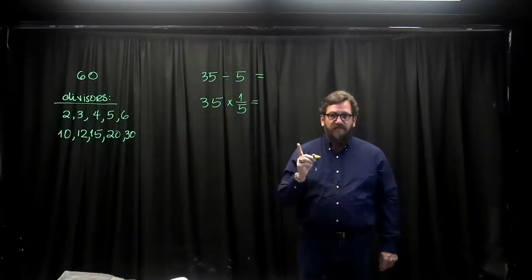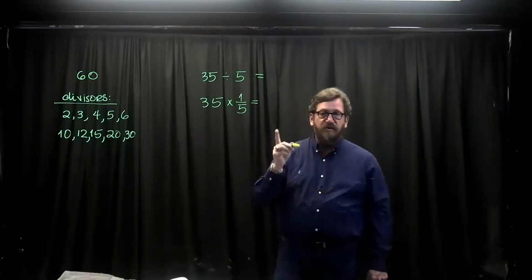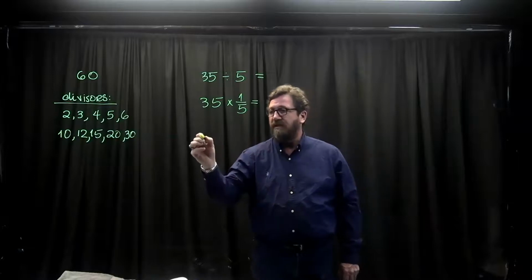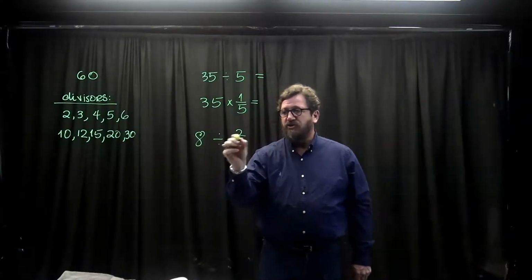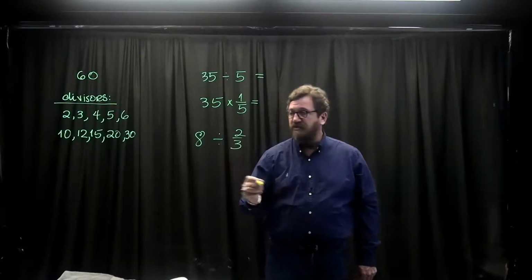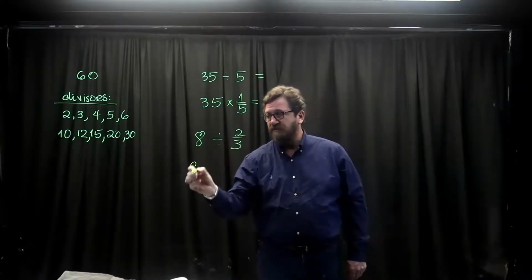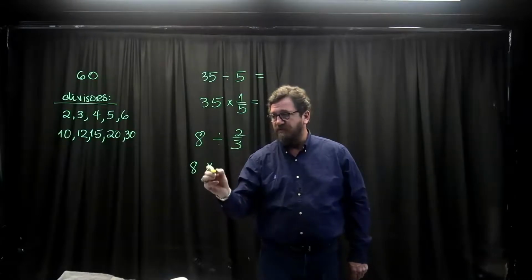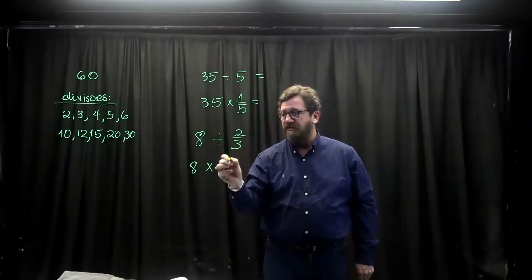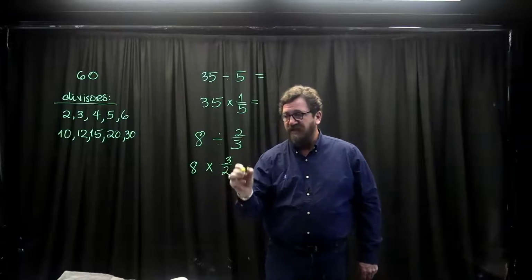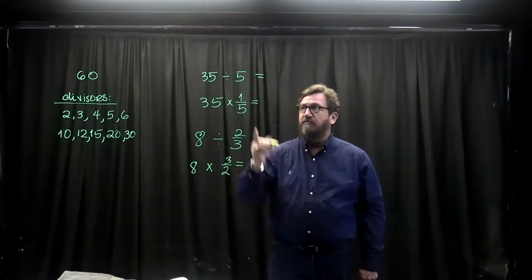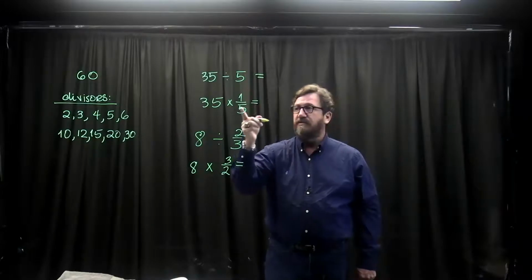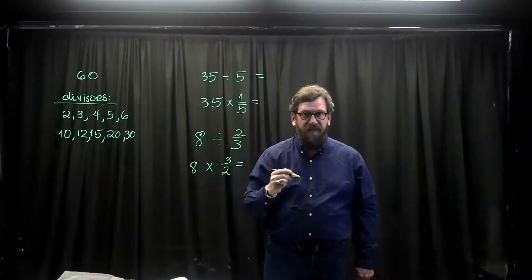You don't ever think of doing this unless you do it in the other direction. If I were to say 8 divided by 2/3, in grade school you learned change the division symbol to multiplication, reciprocate the divisor, and tickety-boo, you're off to the races. Well, that is true, but you can also do that with whole numbers and multiply by 1/5.